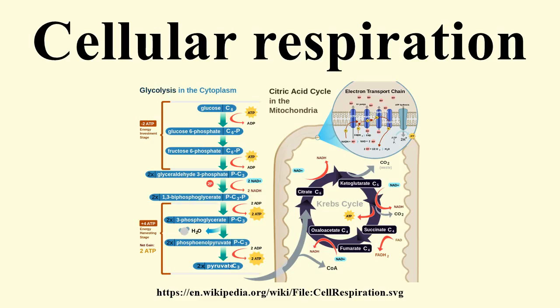NADH can be used by the electron transport chain to create further ATP as part of oxidative phosphorylation. To fully oxidize the equivalent of 1 glucose molecule, 2 acetyl-CoA must be metabolized by the Krebs cycle. 2 waste products, H2O and CO2, are created during this cycle.